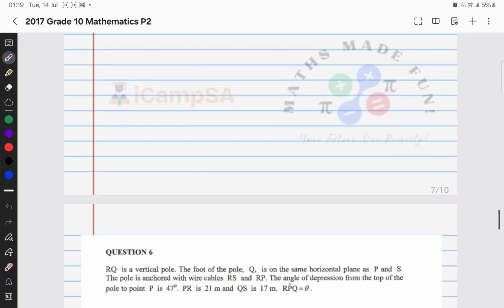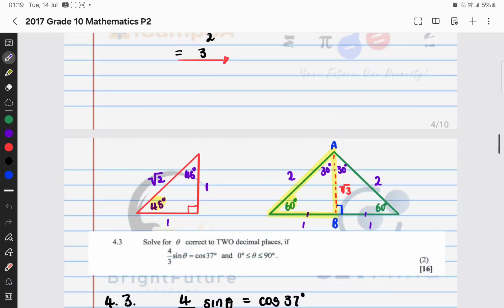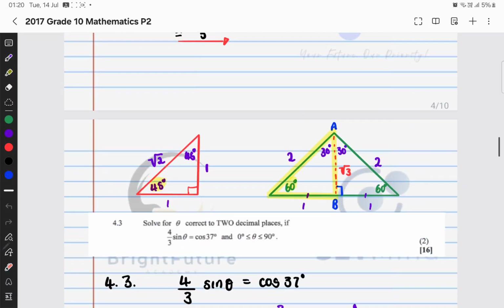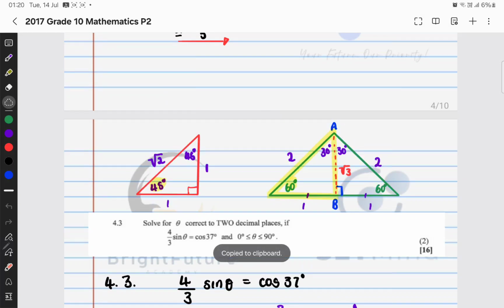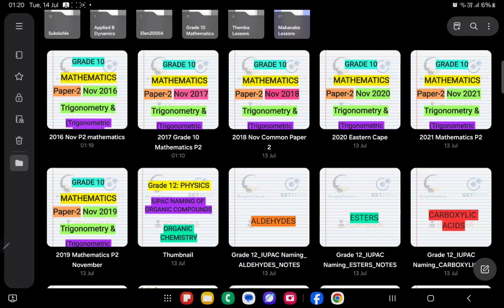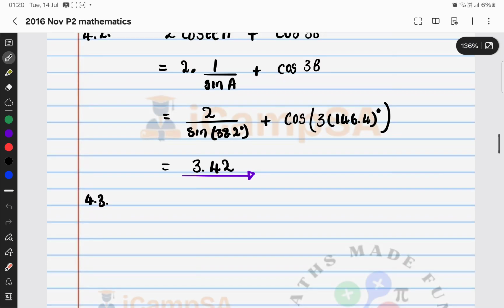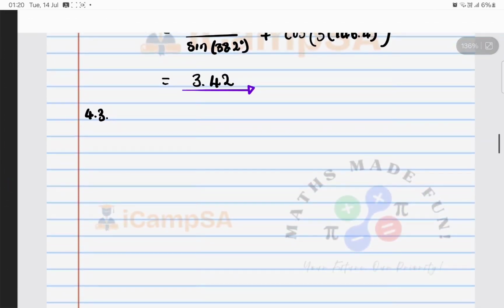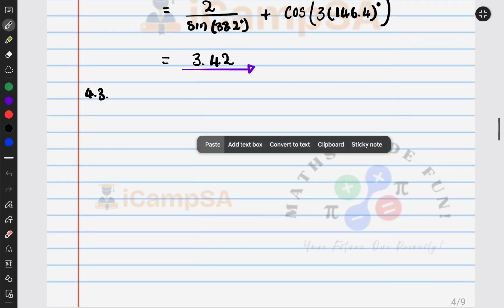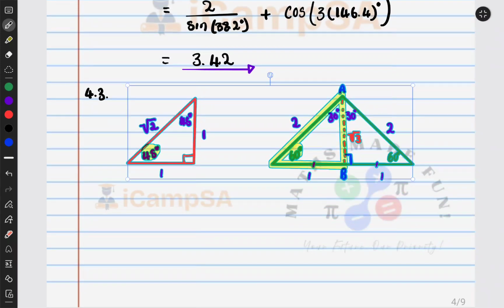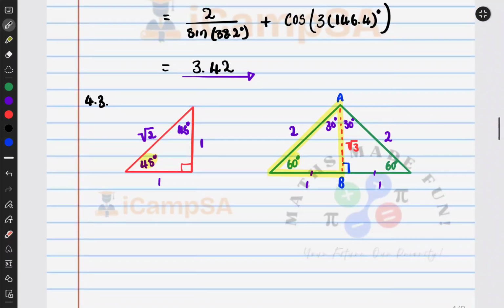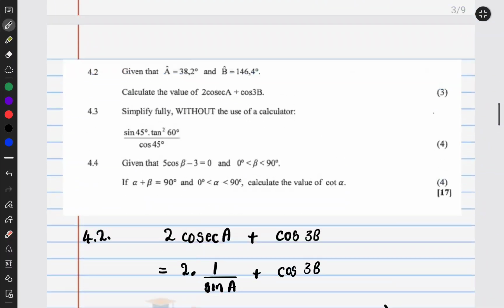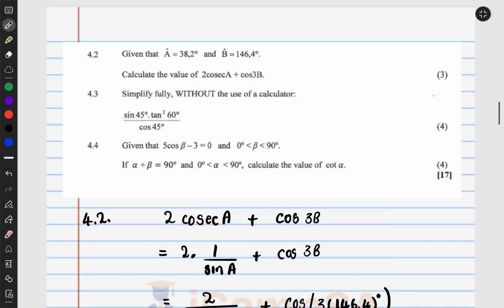Here are the triangles that help us when dealing with the special angles. I have multiple videos explaining how we construct these triangles, for those of you who don't understand or haven't memorized the special angles.